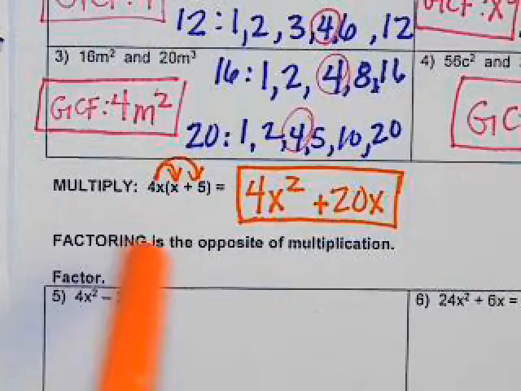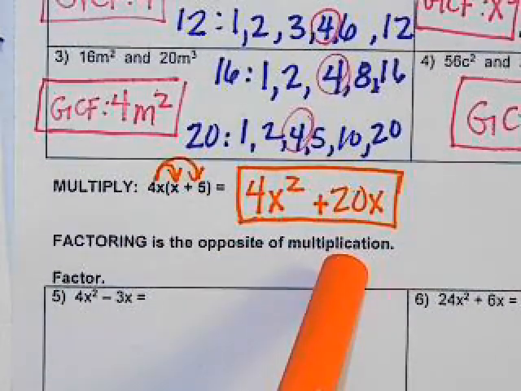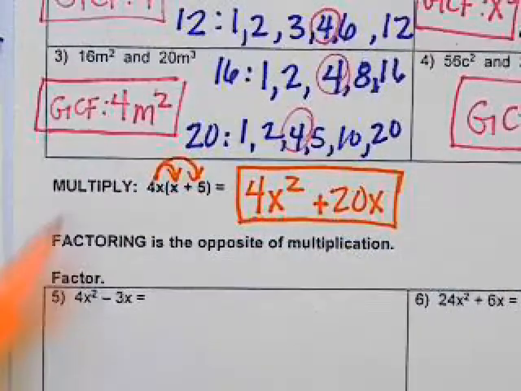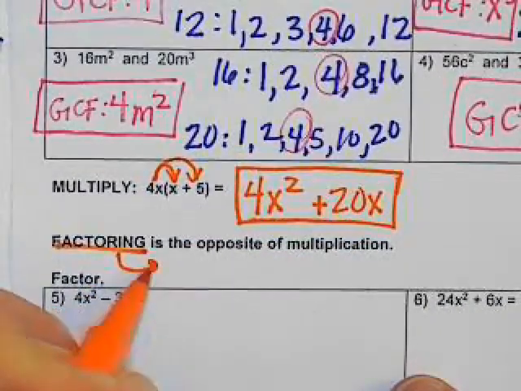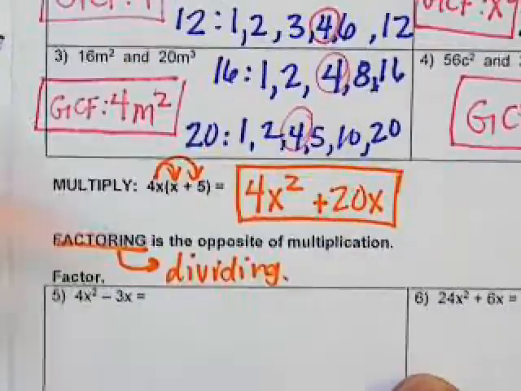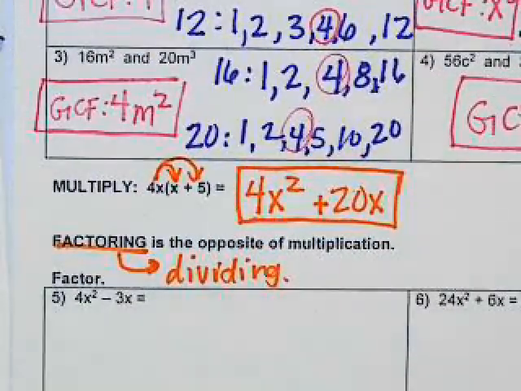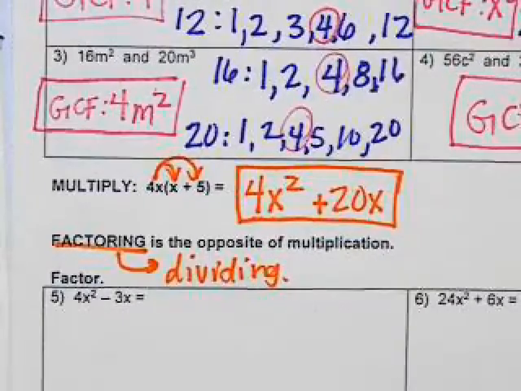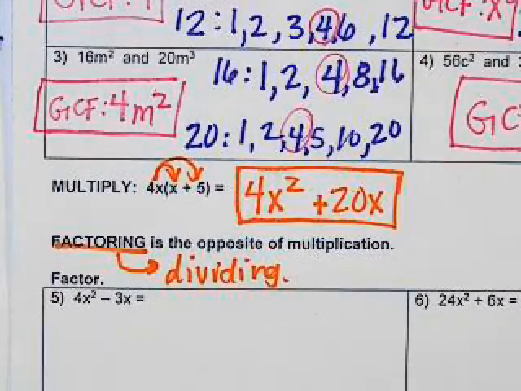Factoring is the opposite of multiplication. So what is factoring? Dividing. So factoring is really just dividing. When we've been multiplying, we've been distributing and multiplying to each term. Now we're going to divide each term.